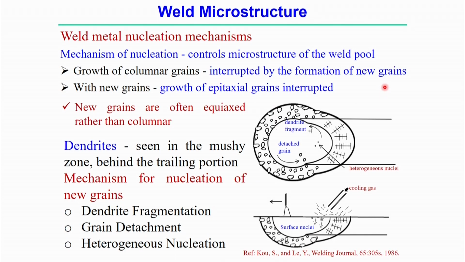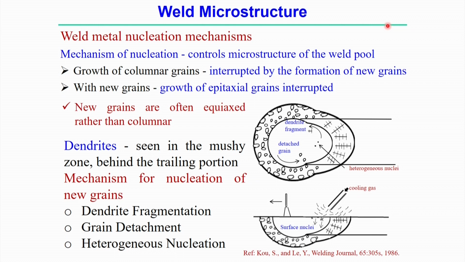The growth of the columnar grains is normally observed on the rear side of the weld pool. In the other way, when new grains form, they disturb the growth of the epitaxial grains. So, these two phenomena counteract each other.